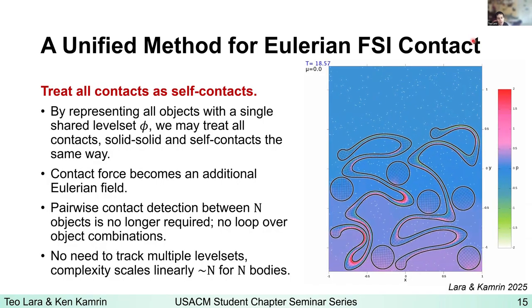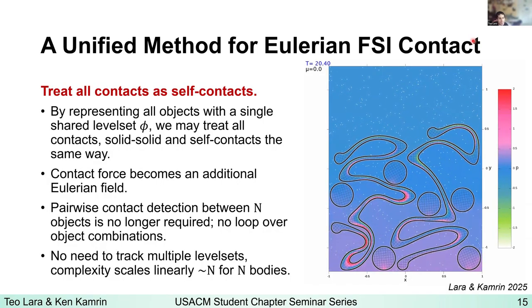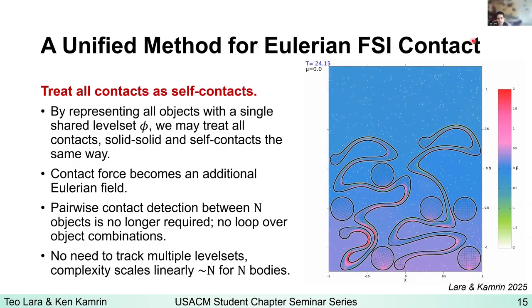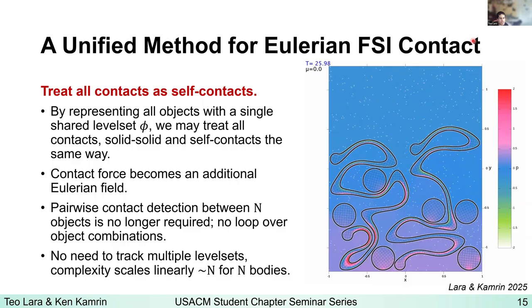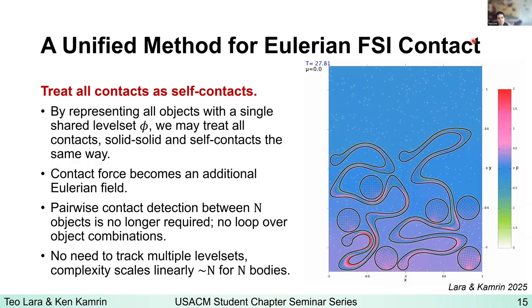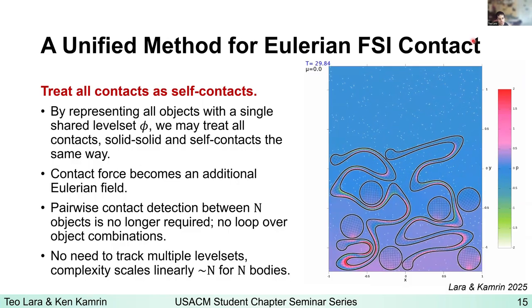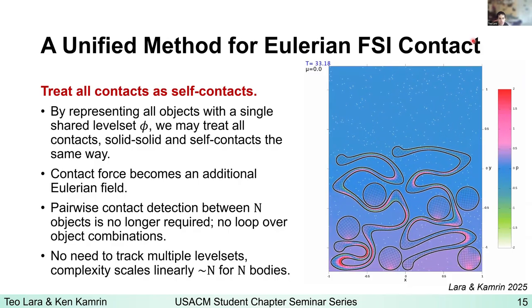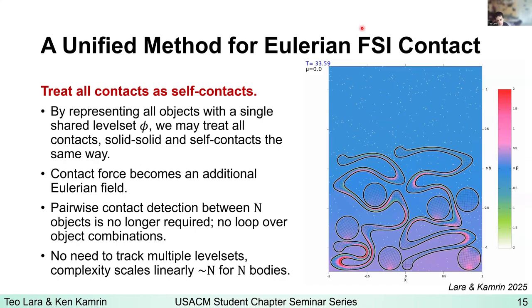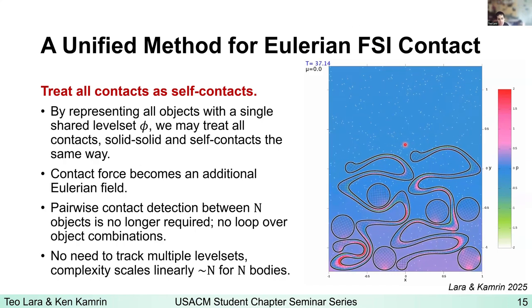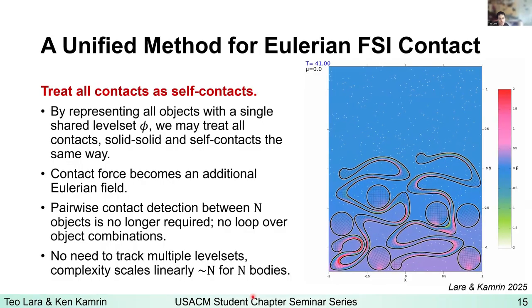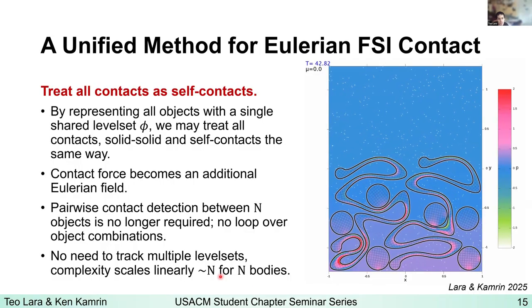So in this way, all contacts are treated in the same fashion, and you just have a contact force, which is an additional Eulerian field, which is carried out throughout your simulation. And you no longer need this pairwise contact detection between your n different objects. All you have to do is just treat everything with the same level set field. So all contacts are effectively self-contacts, and there's no longer this n squared scaling for your n bodies.